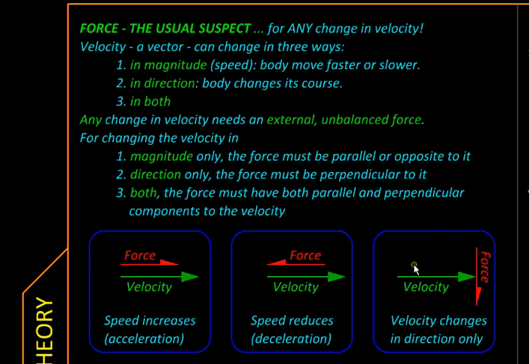So the body will neither slow down nor speed up, but it will still change in direction. It is this third case that interests us in uniform circular motion, or circular motion that is taking place with constant speed.